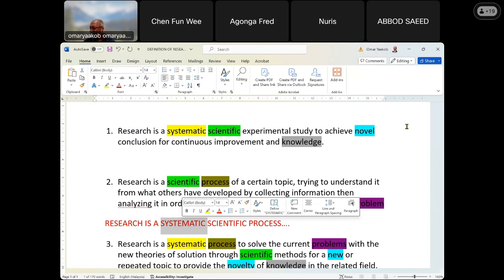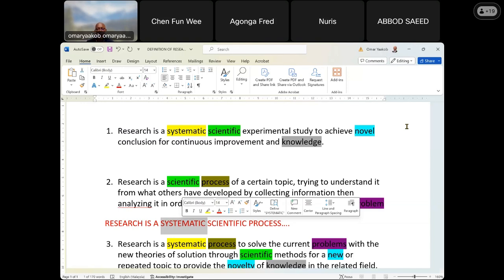Oh, okay. Nuris, want to say something? Yes, Prof. Actually, from my point of view, research is a scientific study, but using a systematic process. Why we call it a scientific study, because if you want to study a thing, you must go through a series of data collecting, information collections, right? So it's actually very scientific.